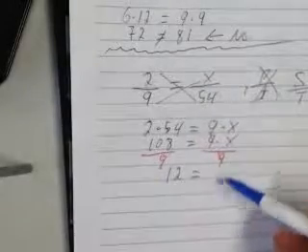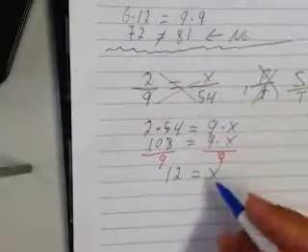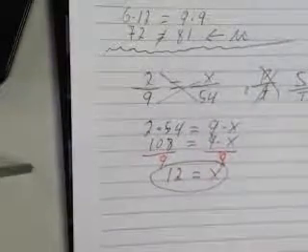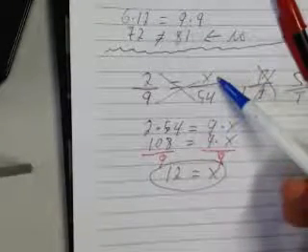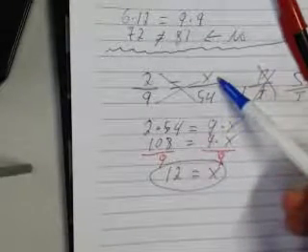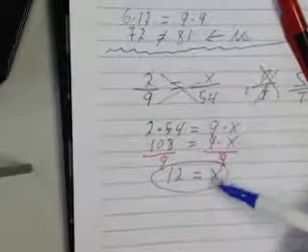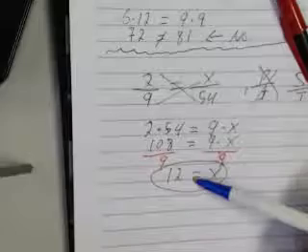And on this side, what I have left over is the x. So x equals 12. So this 12 is this number that goes up here, which means the people that like sodas. So out of all 54 people, 12 liked sodas.